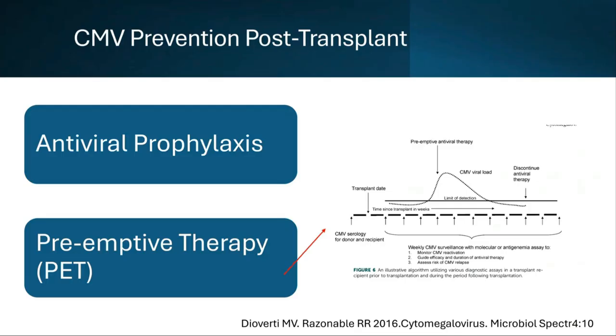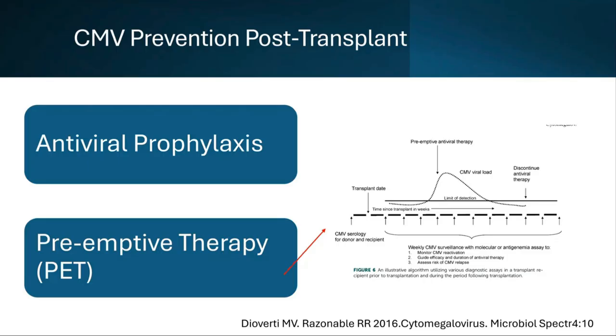And very quickly on CMV prevention post-transplant. When you have a question about CMV prevention post-transplant, you have to think about two modalities. One is antiviral prophylaxis, and the second modality is preemptive therapy. And here on the right, you see what preemptive therapy means.